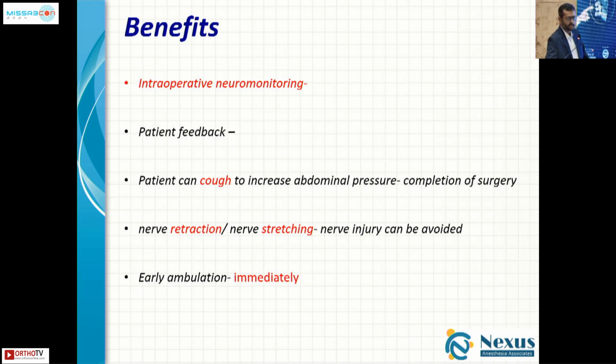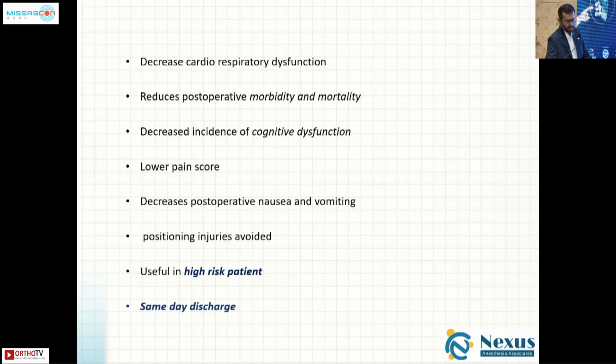We can mobilize the patient immediately. Other benefits are avoiding general anesthesia and the decrease in cardiorespiratory dysfunction, postoperative morbidity and mortality, lower pain scores, and avoiding positioning injury. Most importantly, it can be done in high-risk patients and the patient can be discharged on the same day.